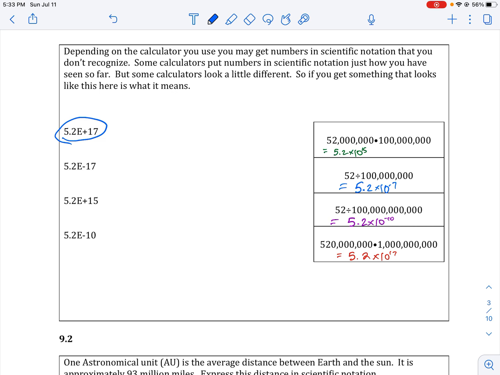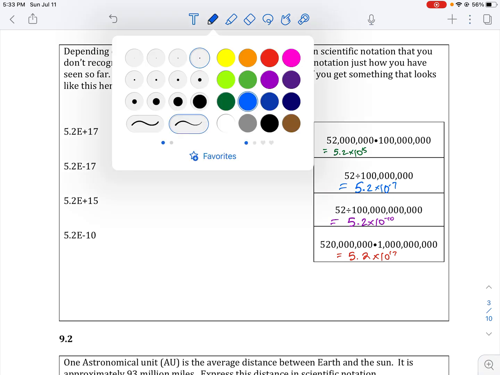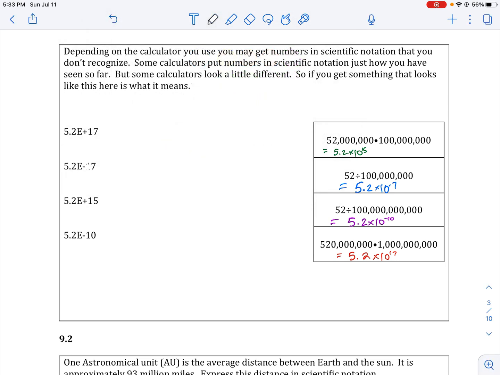The only thing that E stands for is exponent. So this first term right there, let's take the second number. Let's make that -7, not -17. So let's go with the second one that we just changed to a -7. This E stands for exponent, so our exponent is going to be -7.